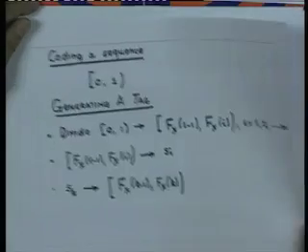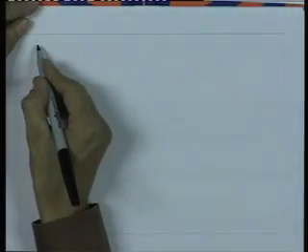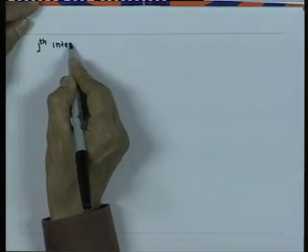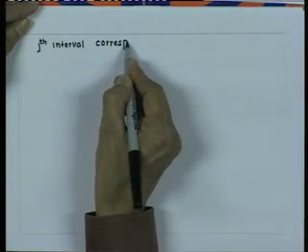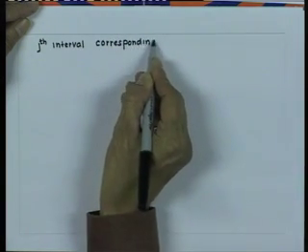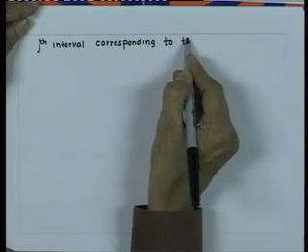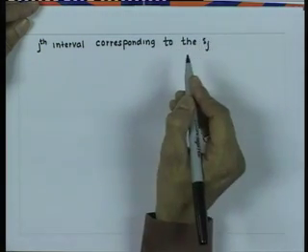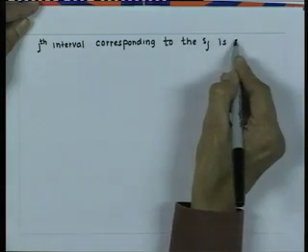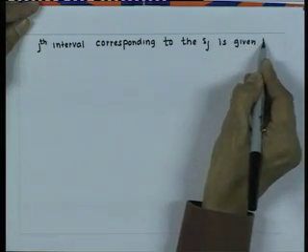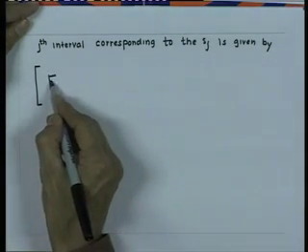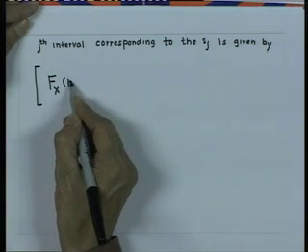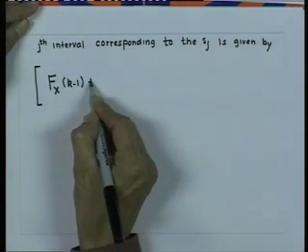What it means is that the jth interval corresponding to the symbol Sj is given by, on having received Sk, the expression shown here.